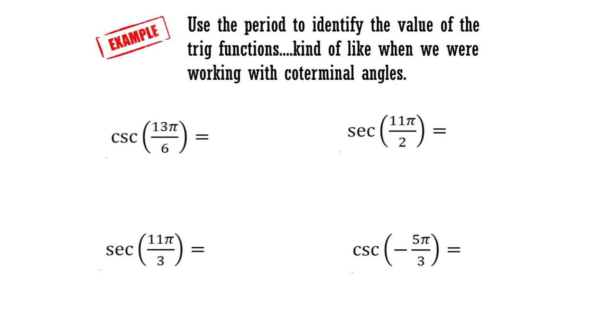The first thing I want to do is figure out where 13 pi over 6 is. I'm going to sketch it because I can't envision over a video. I'm thinking, that's more than one time around. So here's 6, 6, 12, 6. So 13 pi over 6 lands right here.